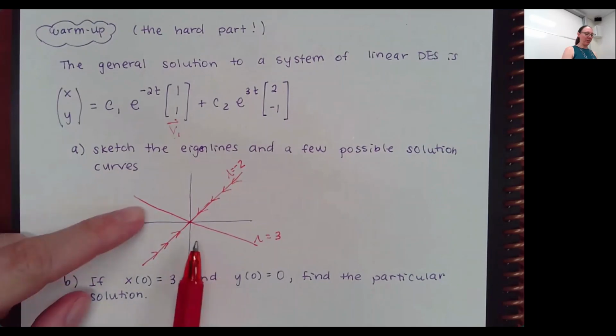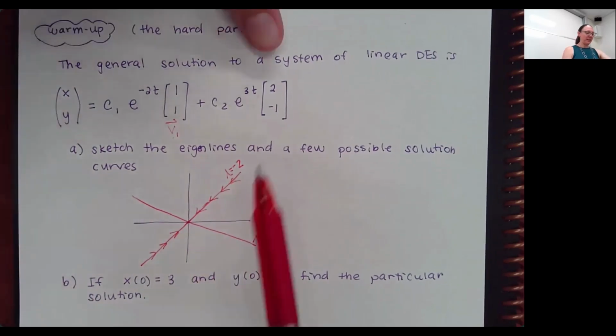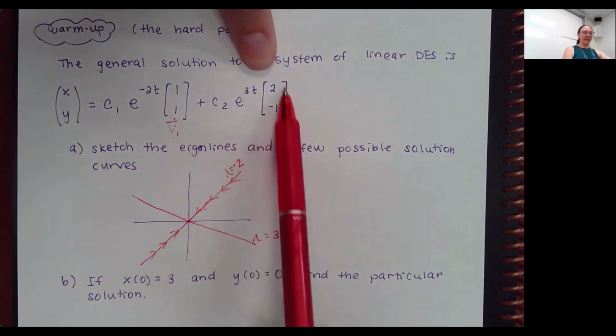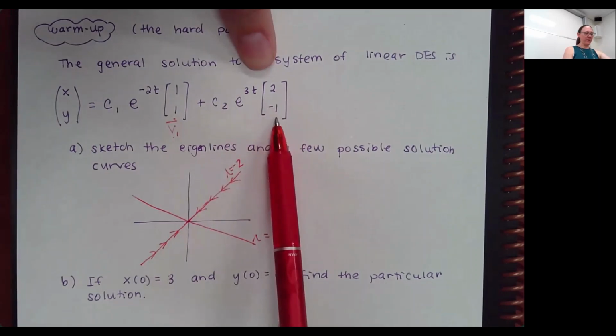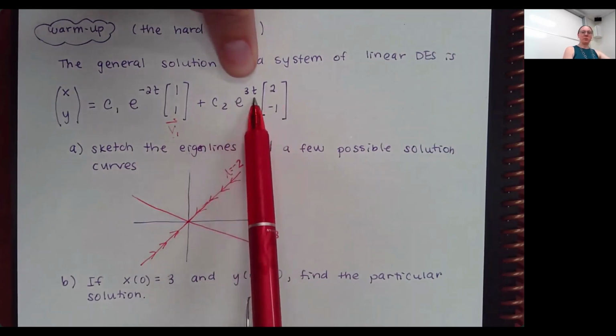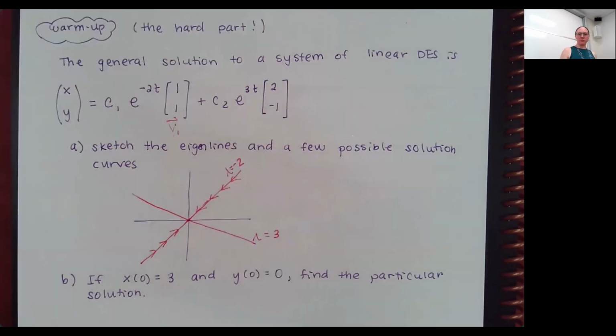Now I'm thinking about my other eigenline. So along the eigenline associated with this eigenvector of 2, -1, as t approaches infinity, this piece is going to get infinitely large because e to the infinity goes to infinity. So that means I'm going to be headed away from the equilibrium of 0, 0.